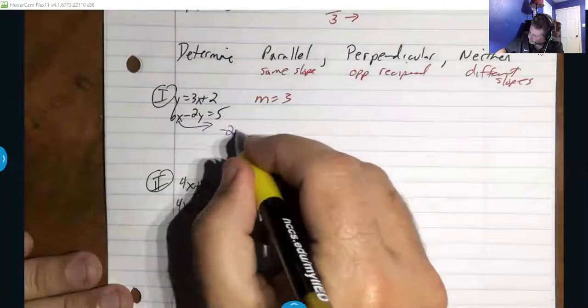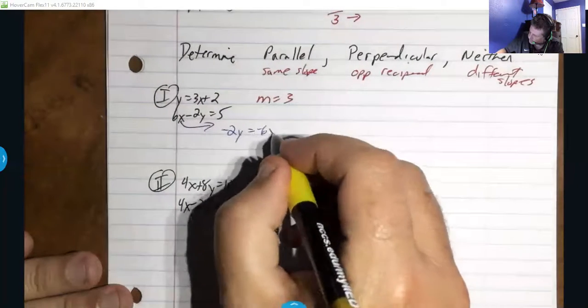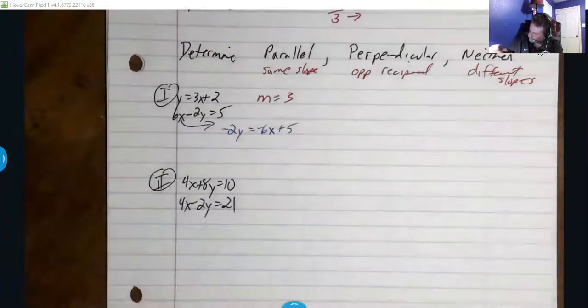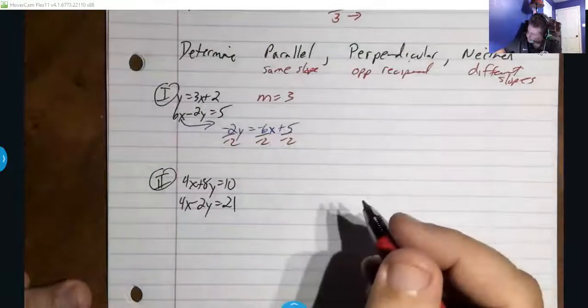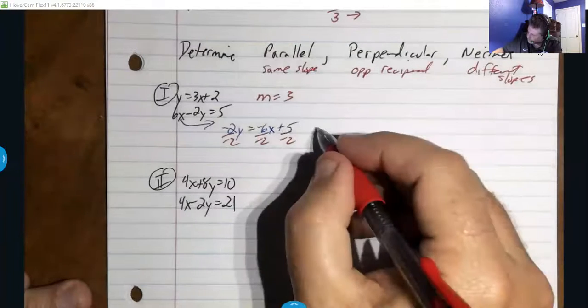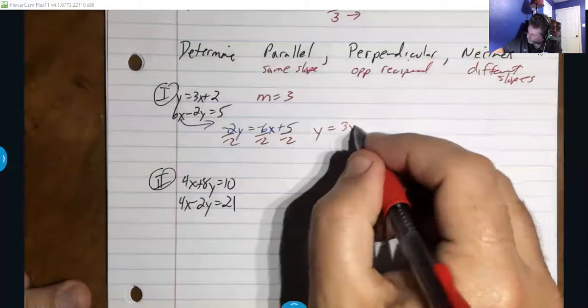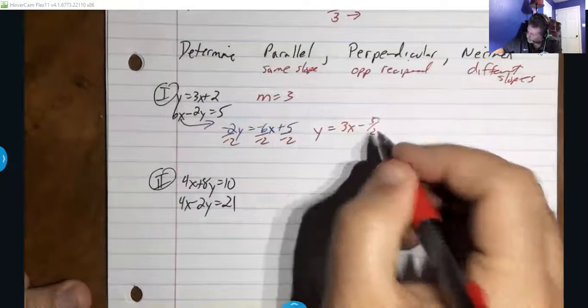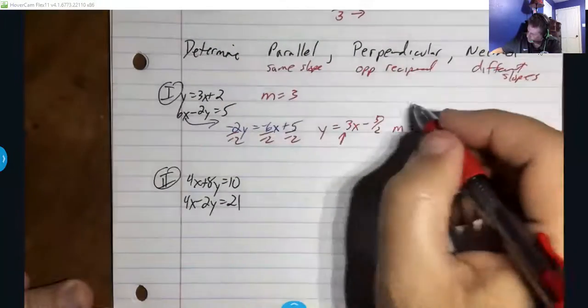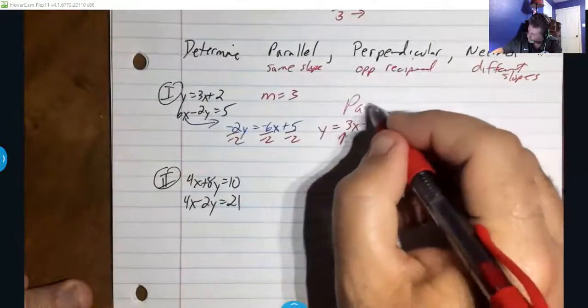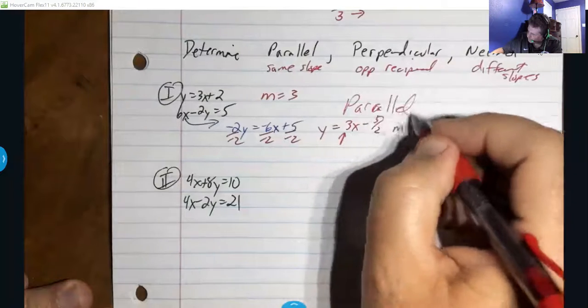So it's going to be negative 2y is equal to negative 6x plus 5, divided by negative 2. Okay. So I'm going to get y is equal to 3x minus 5/2. Notice what's my slope? 3. So they are the same. So these two are parallel.